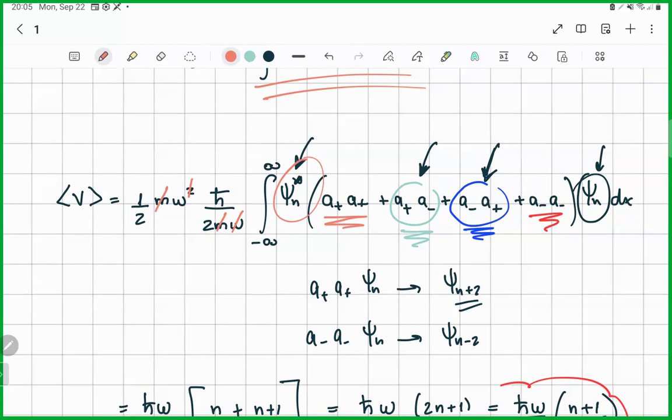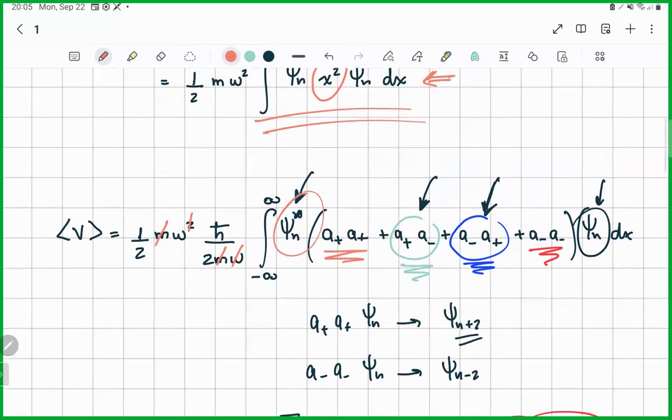So they are orthogonal and they will cancel. Let me repeat: the only terms that survive are the ones that have the same number of A plus and A minus. In this specific problem, it was one A plus and one A minus, good, it will survive. Okay, so that's the end of this video.